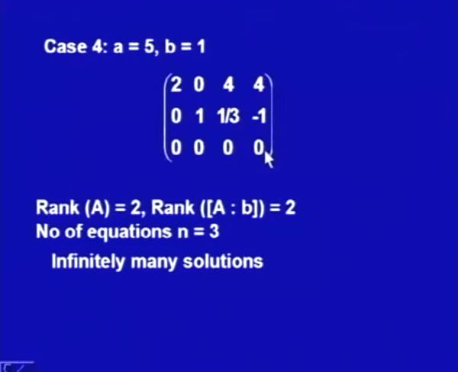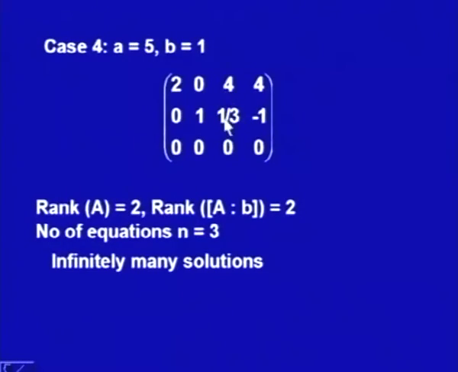So, solutions are possible, and you can assign an arbitrary value to the third variable, and still the third equation will be satisfied. So, what we can do is consider the system as 2x plus 0y plus 4z is equal to 4, and then we have 0x plus y plus 1 by 3 z is equal to minus 1.